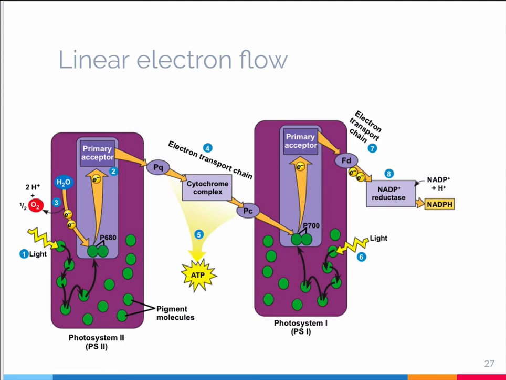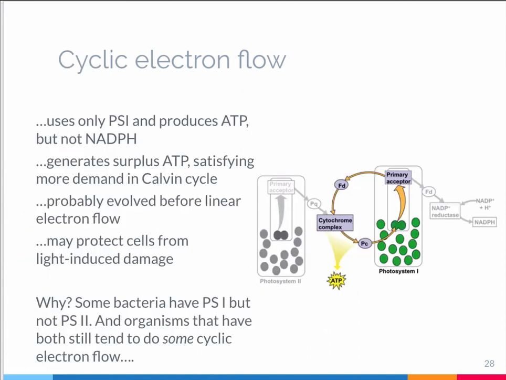Now, there's an alternative to this flow of electrons, which we call linear electron flow, because the electrons come in with water, and they go out on NADPH. The electrons essentially travel in a line, linear electron flow. There's actually an alternative to this called cyclic electron flow that only uses one of the photosystems.